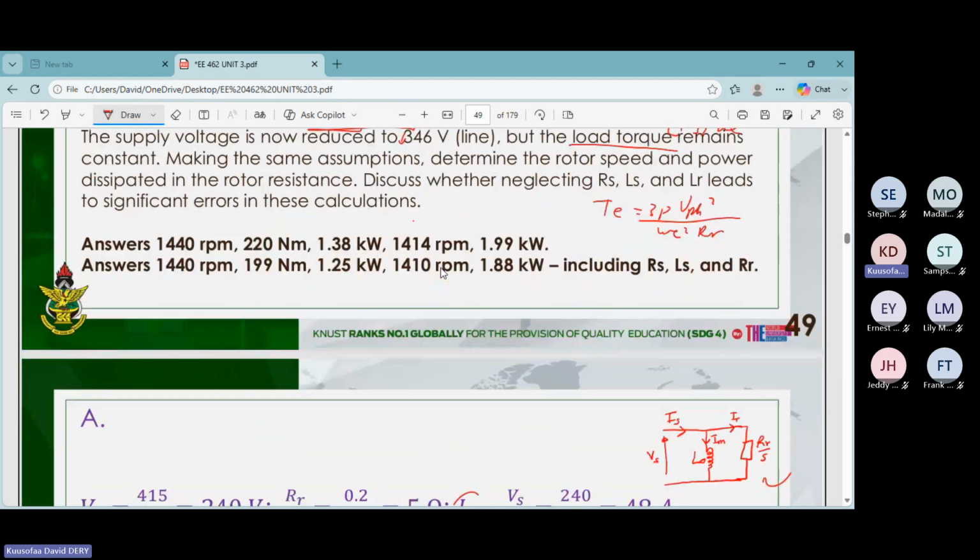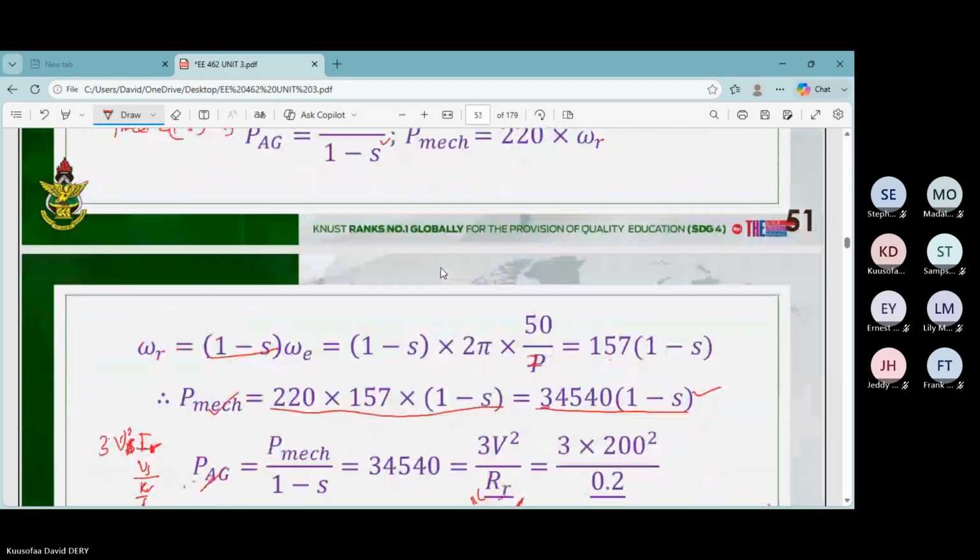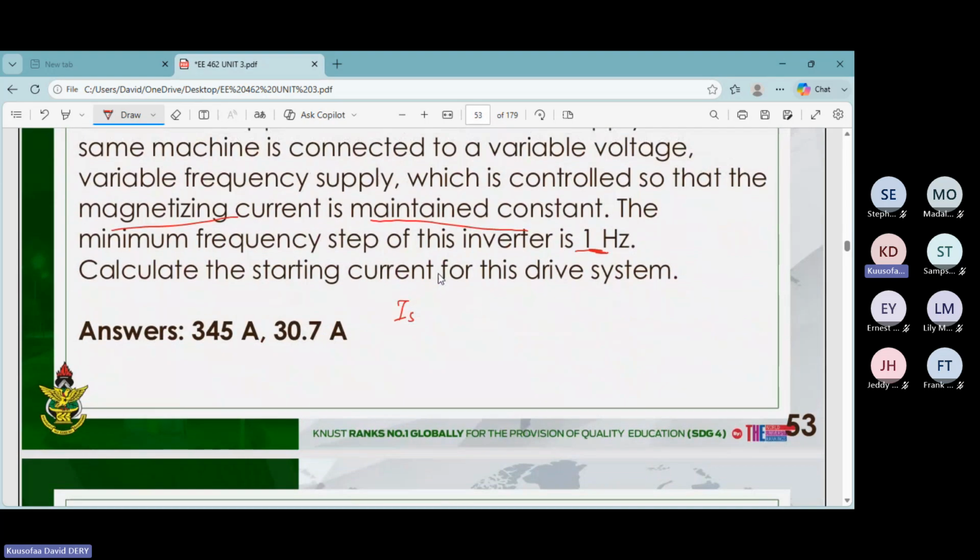So we draw the equivalent circuit of this one, with the inductance and then the resistance.